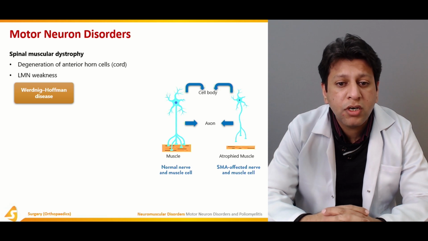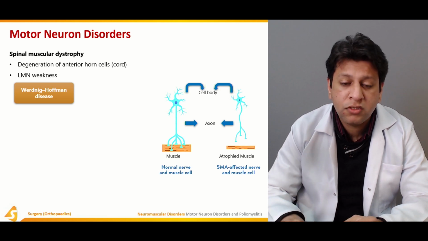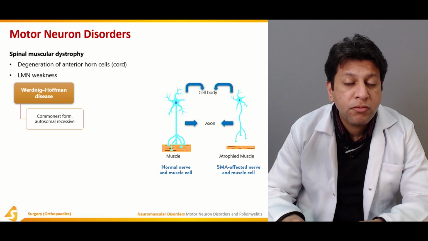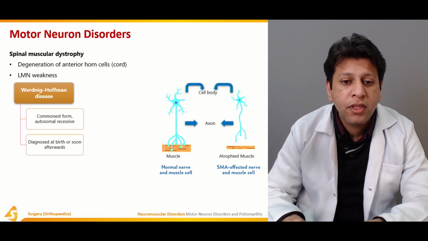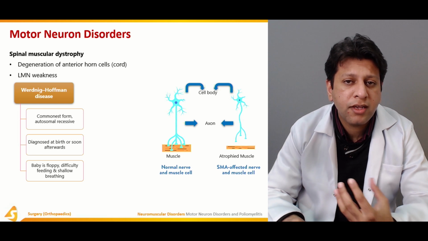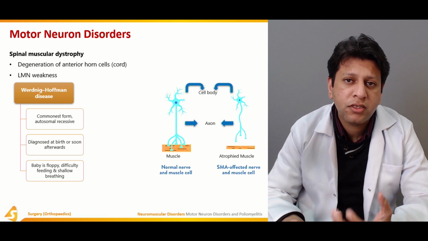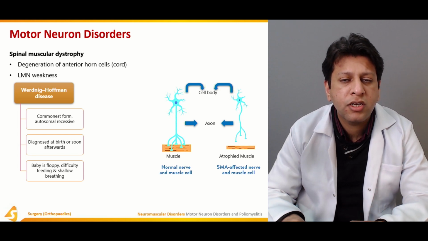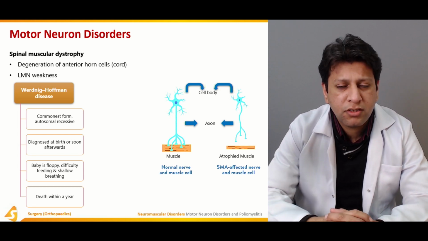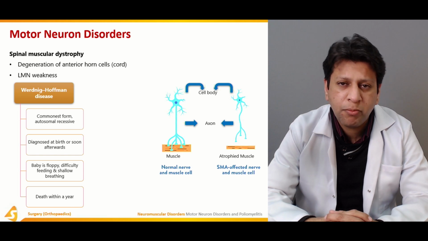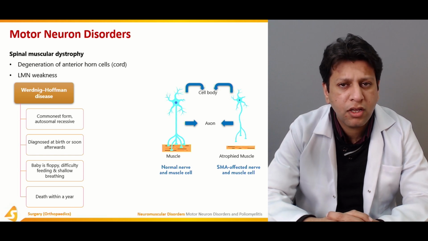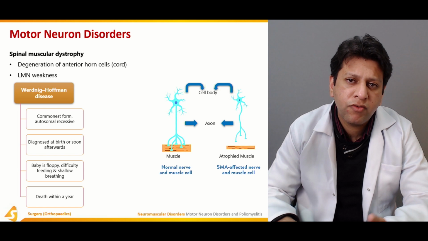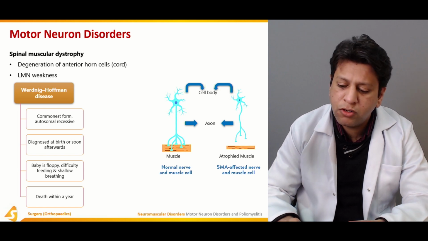This includes Werdnig-Hoffmann disease, which is the commonest form. It is autosomal recessive, diagnosed at birth, and soon afterwards usually associated with hypotonia, hyperreflexia, and flaccidity. The baby is floppy, with difficult feeding and shallow breathing. Usually, it's highly lethal. The child usually dies within a year. Even if it does survive, usually it doesn't survive till adulthood.